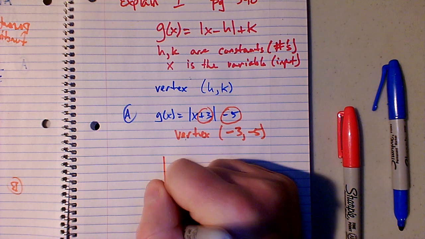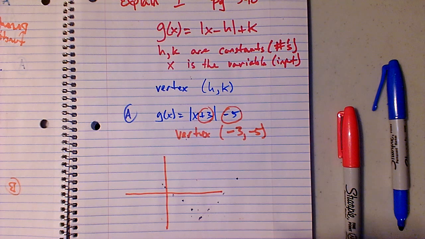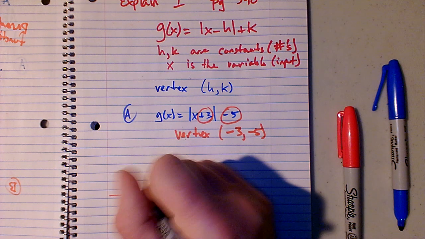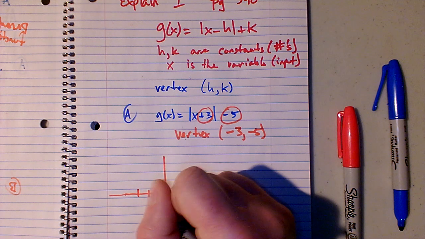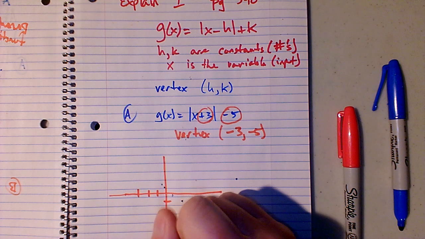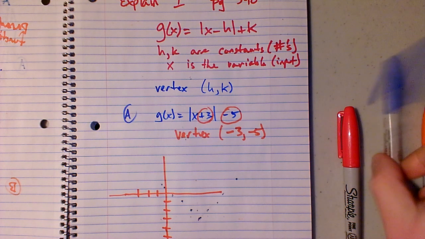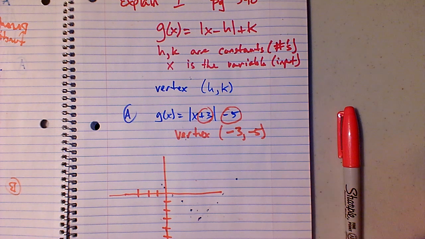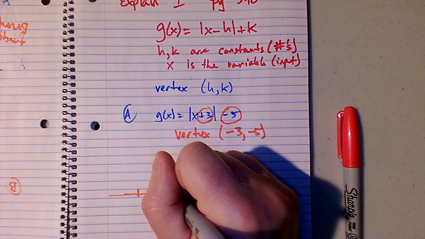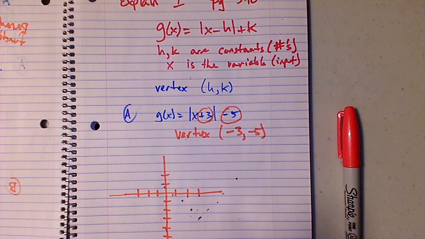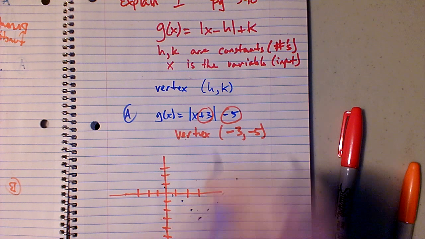So for right now, negative 3, 5. Let me graph the parent function, because I think you're asked to do that. I'll put the parent function in blue.